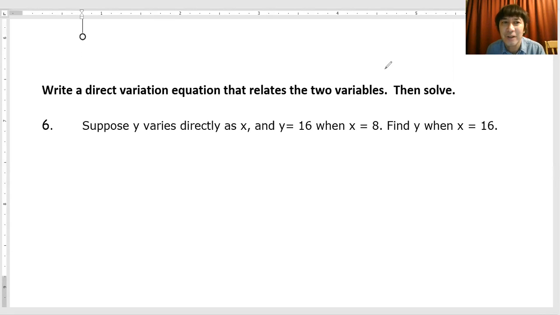Okay, let's read the problem. Suppose y varies directly as x, and y equals 16 when x equals 8. Find y when x equals 16.